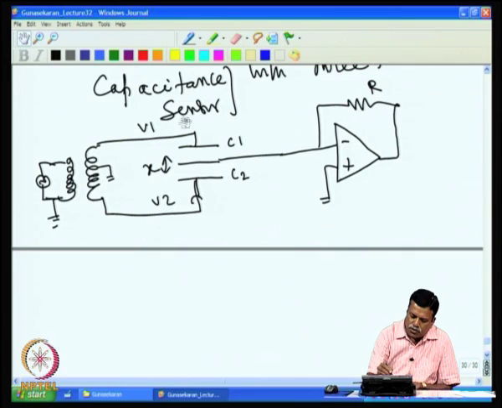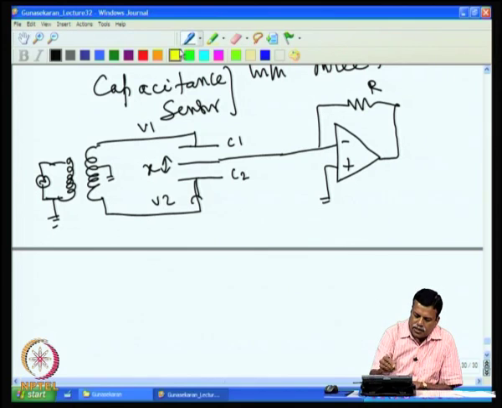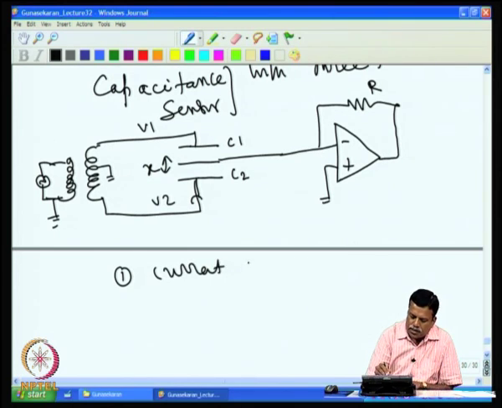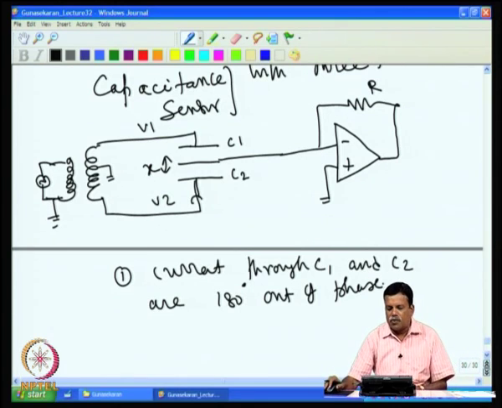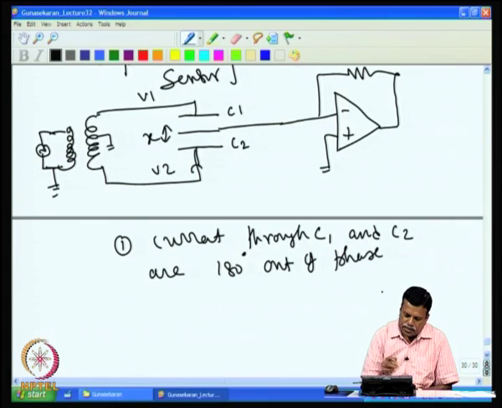So, the current through C1 and the current through C2 are 180 degrees out of phase. So, if the two currents are equal, then you will get the output 0, otherwise there will be a net result.